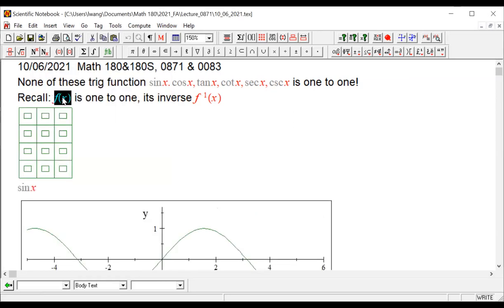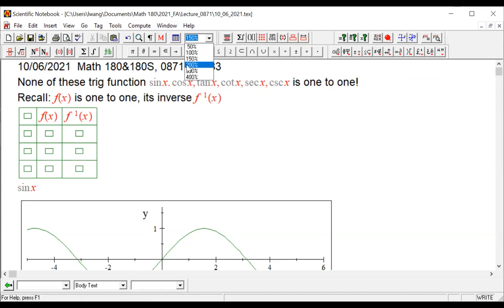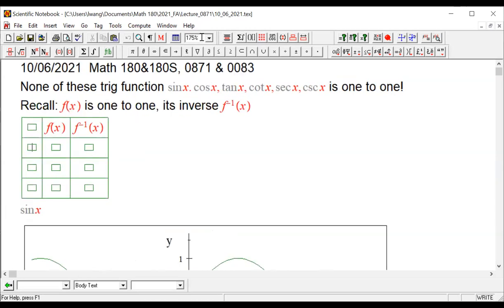So suppose we have f here, and we have f inverse there. In terms of domain, one's domain is the other's range. One's domain is the other's range. Take the example of e to the power x.